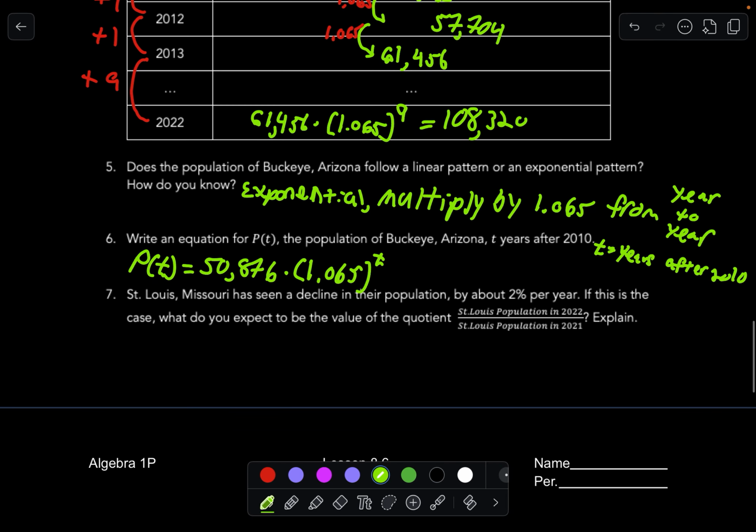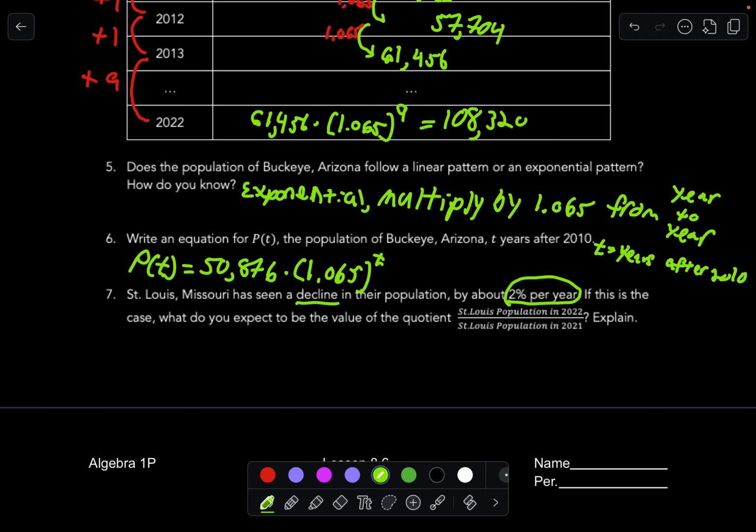St. Louis, Missouri has seen a decline. Now, see, whereas one was growing, the other one is a decline in their population by about 2% per year. If this is the case, what do you expect to be the value of the quotient St. Louis's population in 2020 divided by St. Louis's population in 2021?